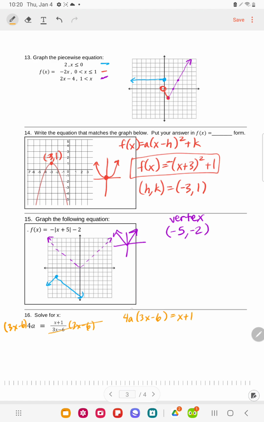So we have such a problem. We want to distribute. 4a times 3x gives us 12ax. 4a times negative 6 gives us negative 24a equals x plus 1. We want to make sure that all the x's are on one side of the equation and all the non-x's are on the other side of the equation. So I see 12ax first. I'm going to have all the x's on the left-hand side in this case. So subtract x on both sides.